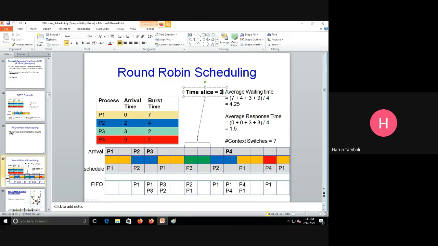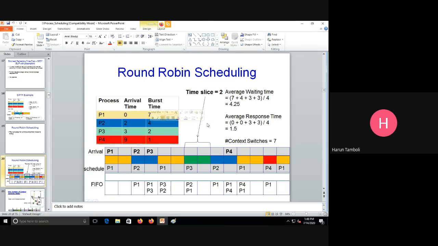Suppose I'm considering seconds. So every process gets 2 seconds for execution. P1 will first execute for 2 seconds. After that, it will leave the processor, and P2 will get the CPU. Then P2 will execute for 2 seconds.